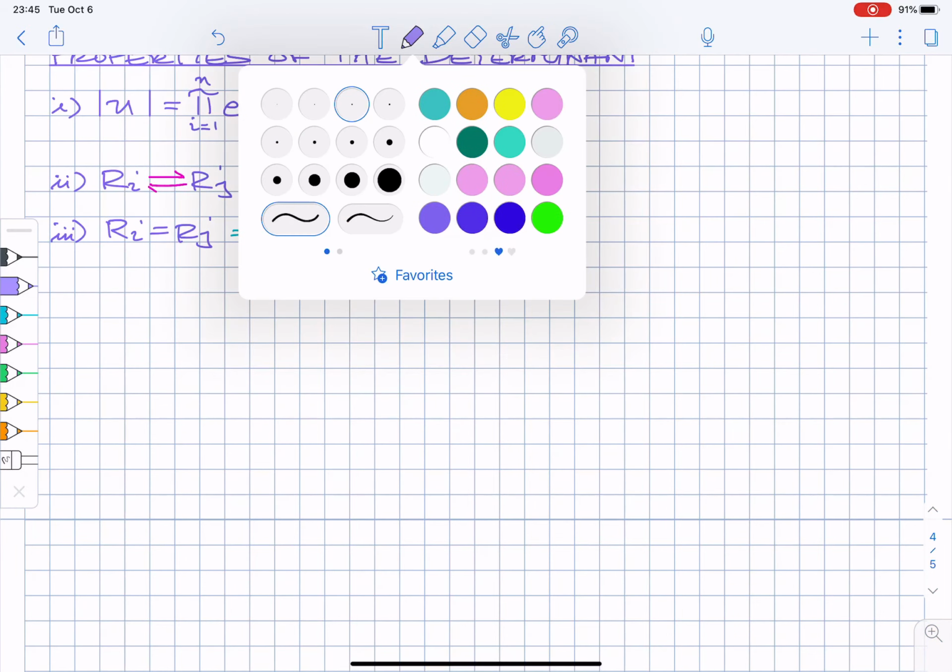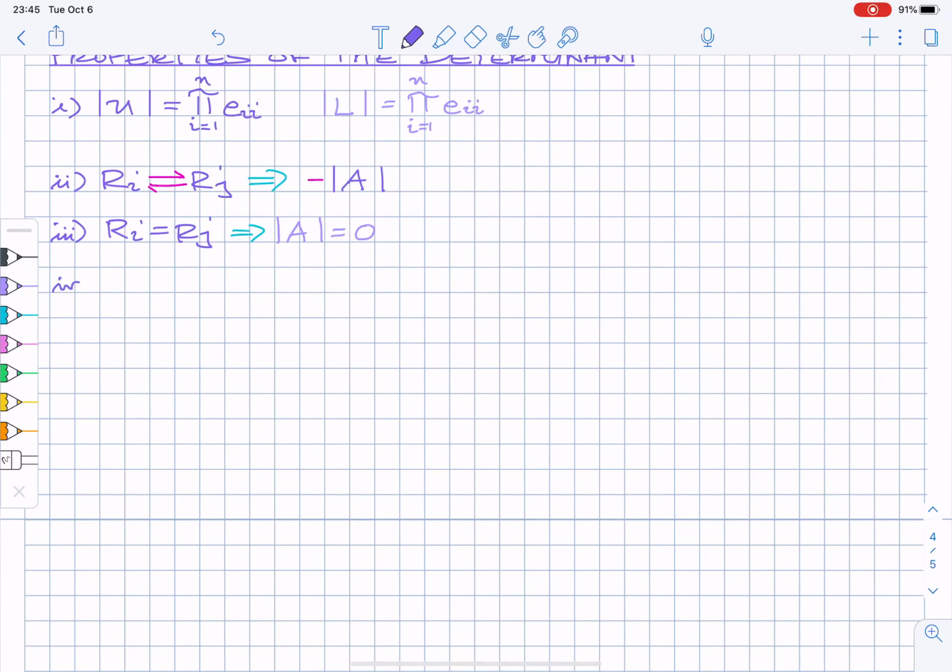Okay, so number 4. If row i is equal to 0, or, actually let me do the or in a different way, or column j is equal to 0, if either of these cases are true, then the determinant of A is 0.